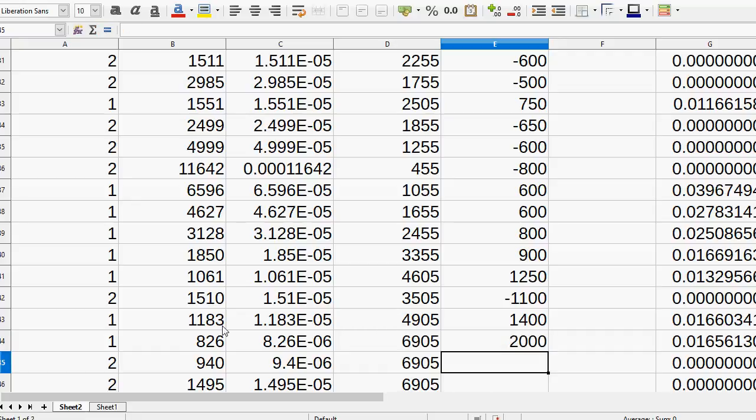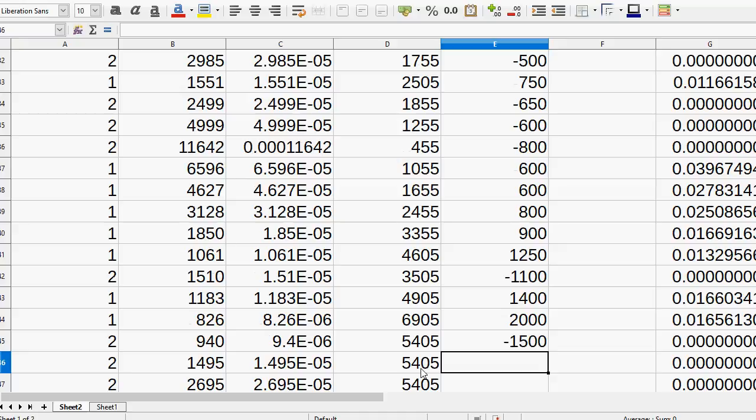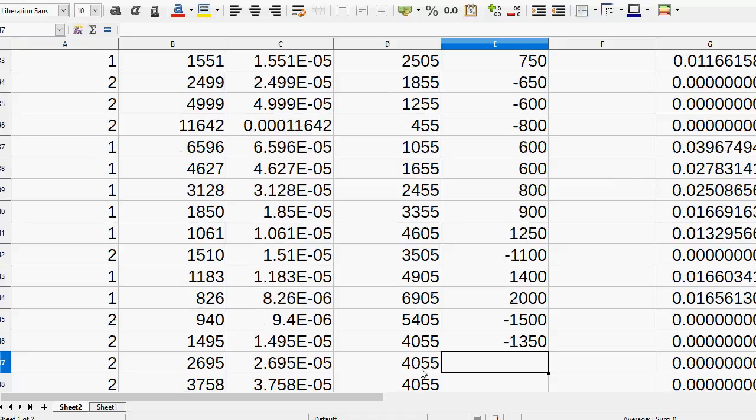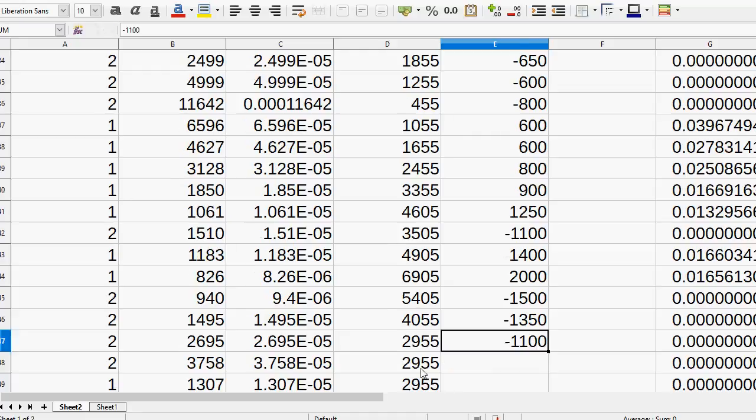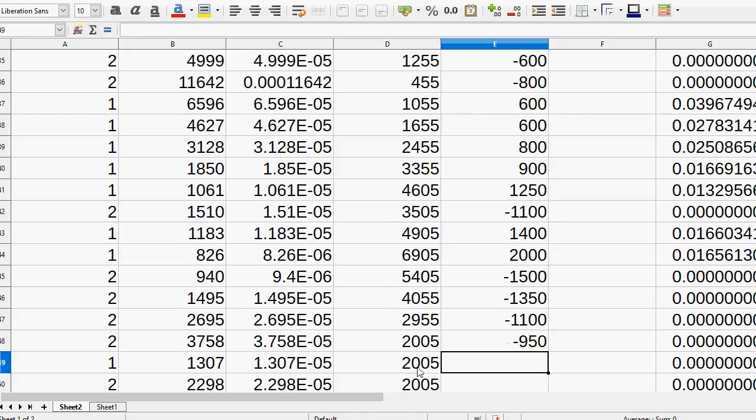This wasn't that great of a sale, so what's the normal? 1500. This one here, we'll go say minus 1350, minus 1100, minus 950. And then you're buying 1300 from 3000. How much would you want to buy there?